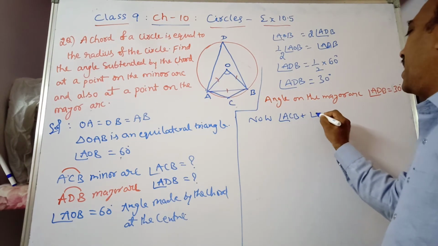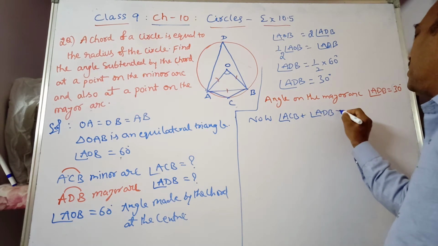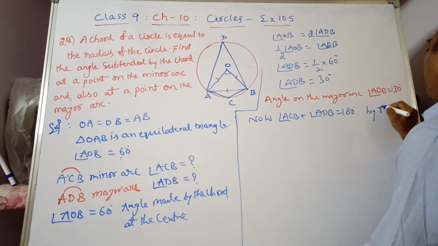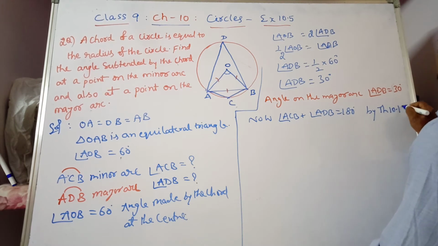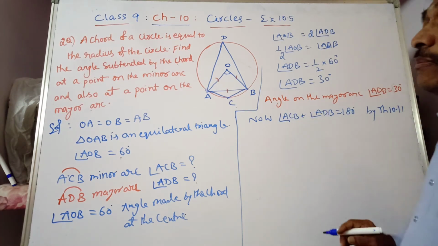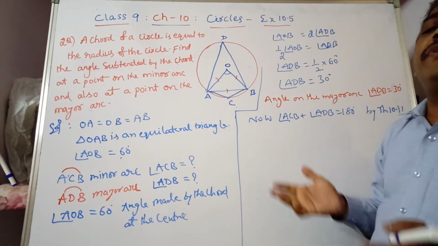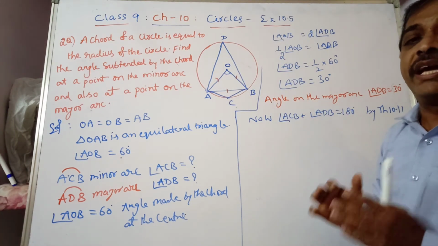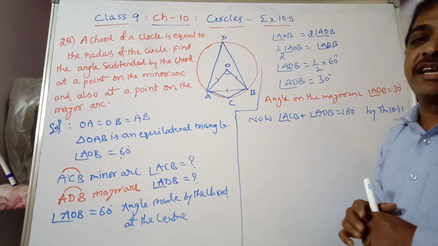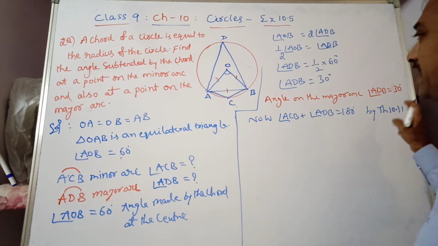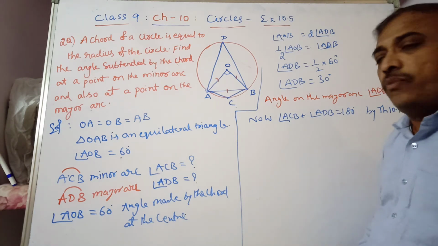Now angle ACB plus angle ADB is equal to 180 degrees by theorem 10.11. What is the statement here? The sum of either pair of opposite angles of a cyclic quadrilateral is supplementary, 180 degrees. That is theorem 10.11.